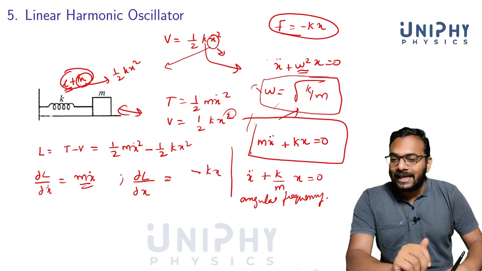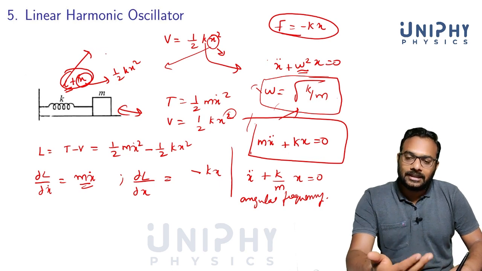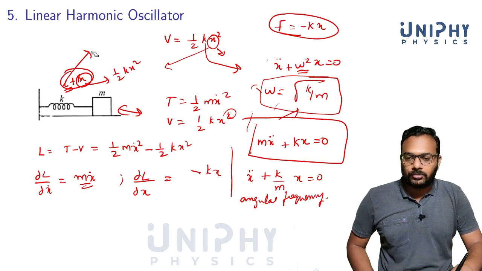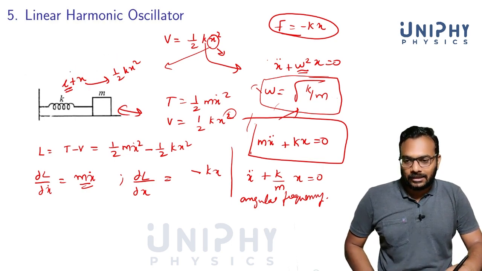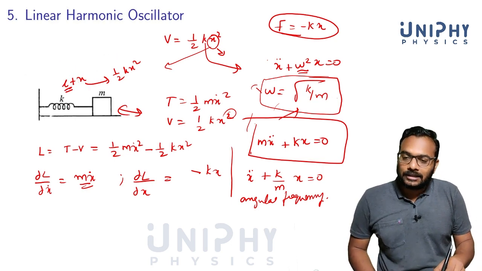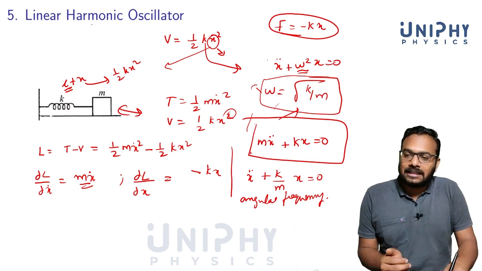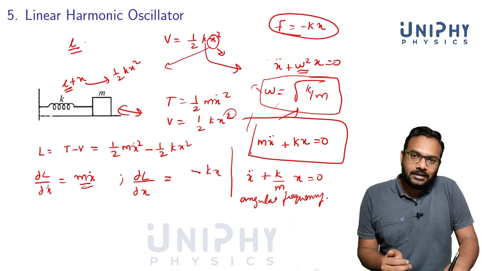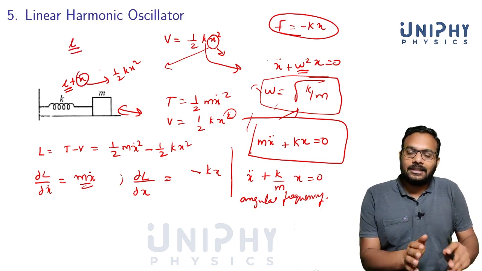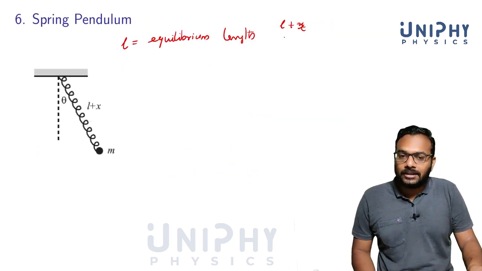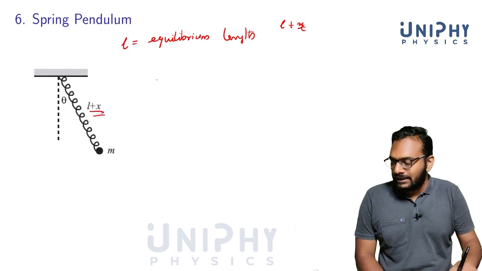If the length of the spring is L, the potential energy is 0. That was the reference we took in the previous problem. This implicit idea was there, but here we state it more clearly. L is the equilibrium length, and the length we can write as L plus x.